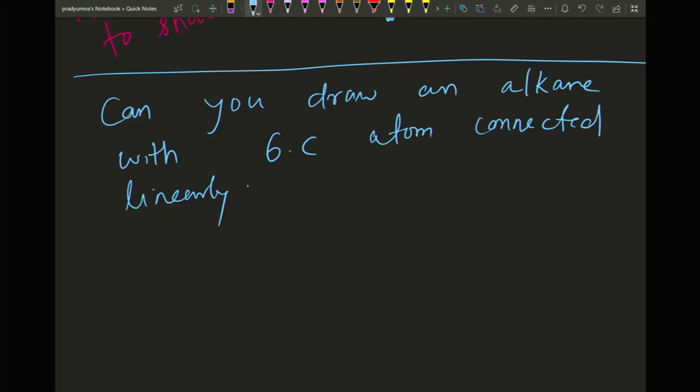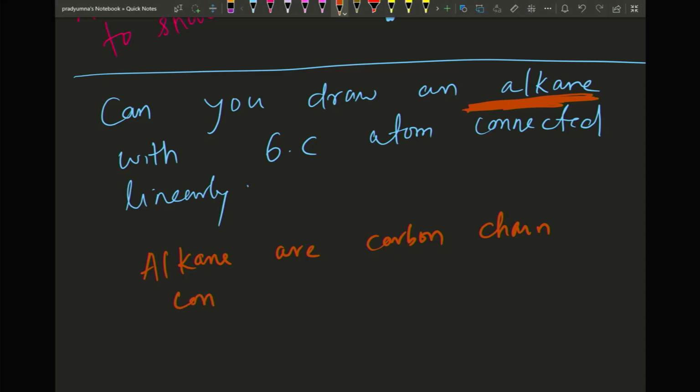So the question is asking us to draw an alkane. What is an alkane? An alkane is a compound of carbon and hydrogen. It's a carbon chain. So I should have written down the definition: alkanes are carbon chains connected only by single bonds.